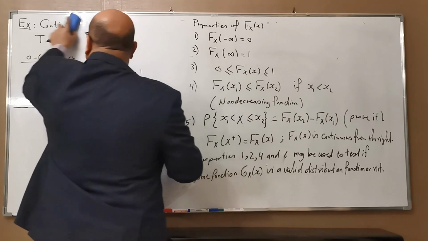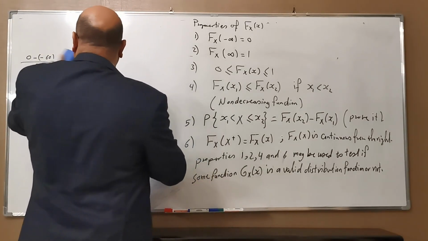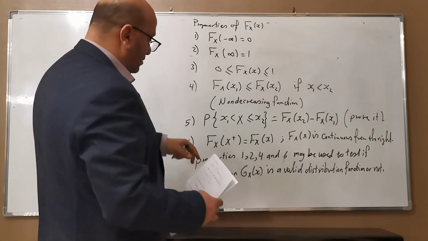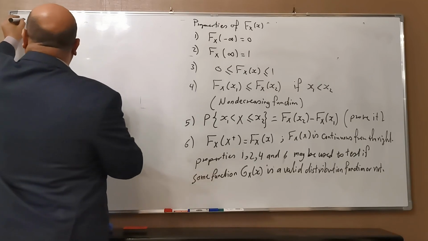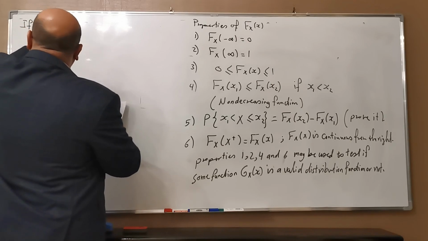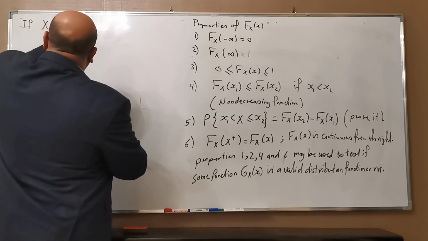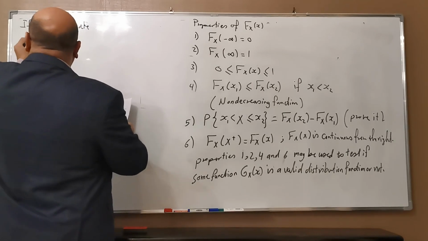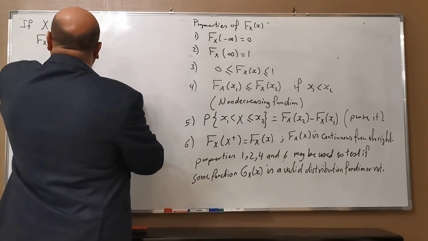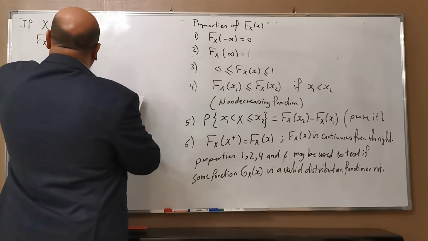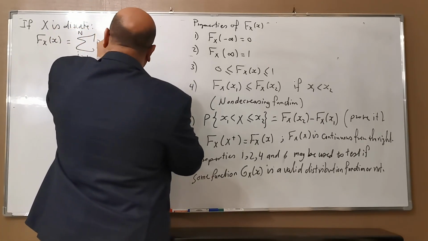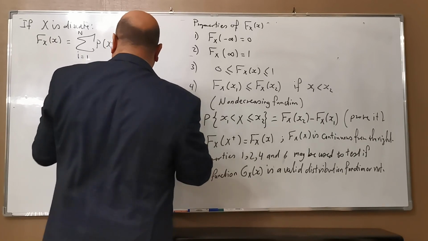So looking at the discrete case, we can represent the discrete case by the unit step function. So if x is discrete, then we can say that fx of x is equal to the summation from i equals 1 up to n of p of xi times the unit step of x minus xi.